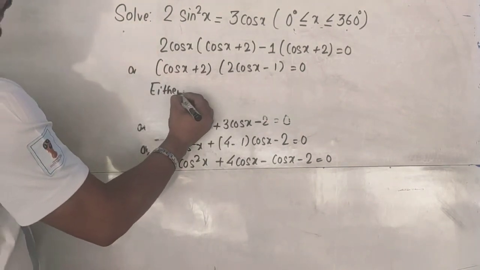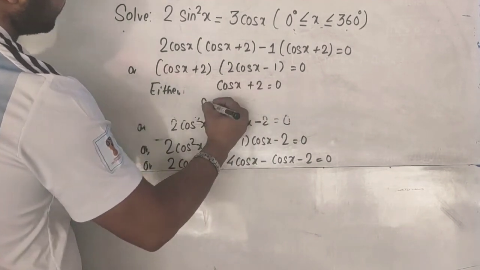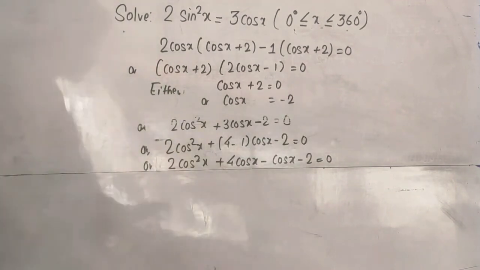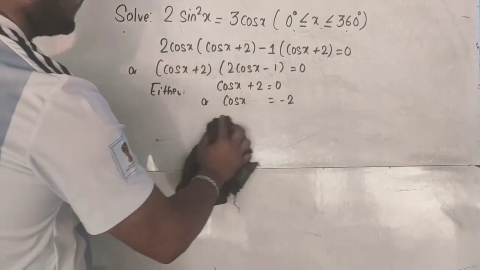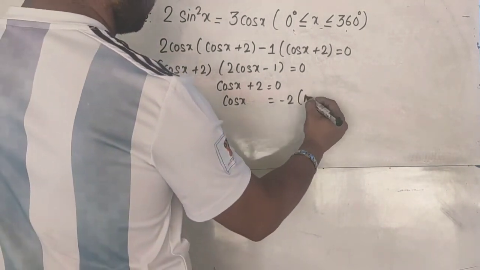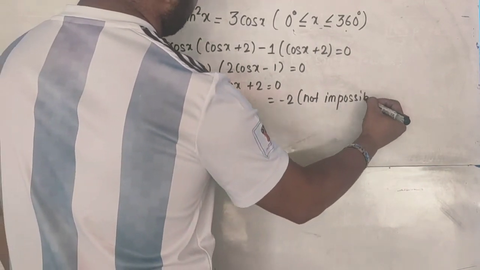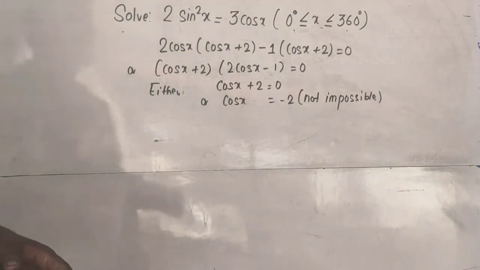Either cos x plus 2 equals 0, or you can say that cos x equals minus 2. Now the value of cos x is never minus 2. So this is not possible. Why? Because the value of cos x ranges from minus 1 to plus 1.